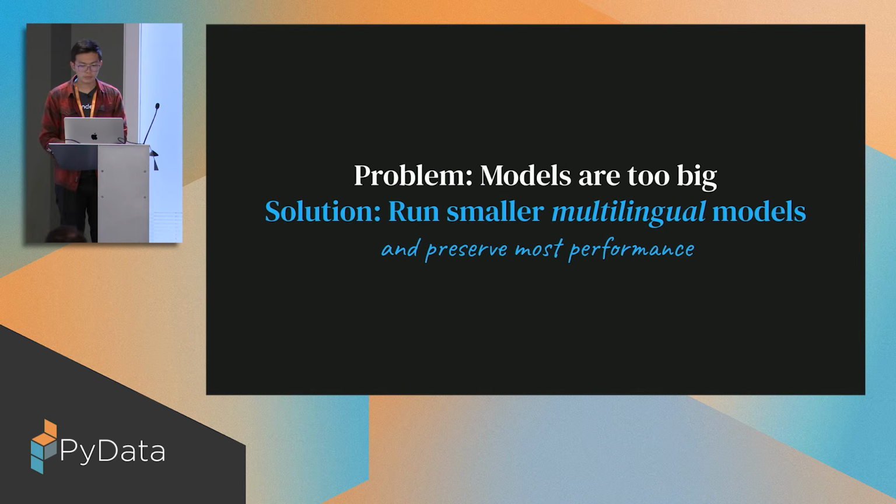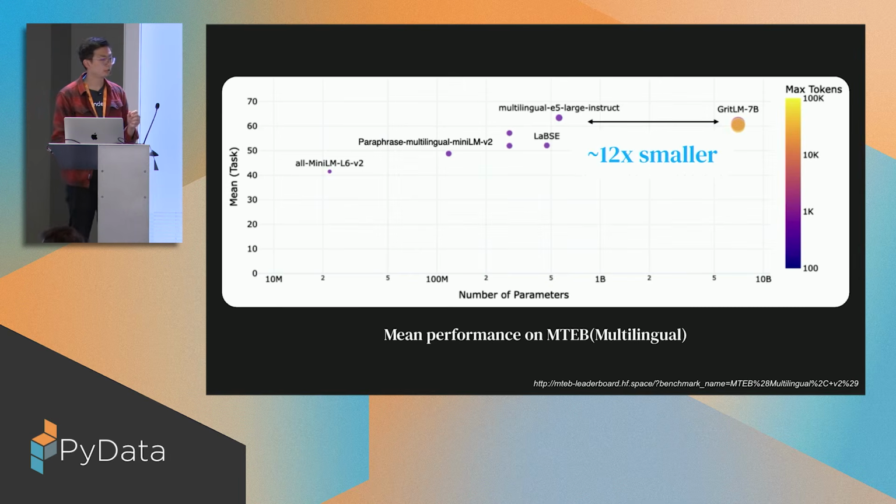For the big model problem, the new multilingual benchmark actually gave us some insights. The key here is to recognize that the world is inherently multilingual. And embedding models that are pre-trained in a more multilingual setting can likely yield similar performance or often outperform much bigger ones. So let's take a look at the multilingual benchmark again.